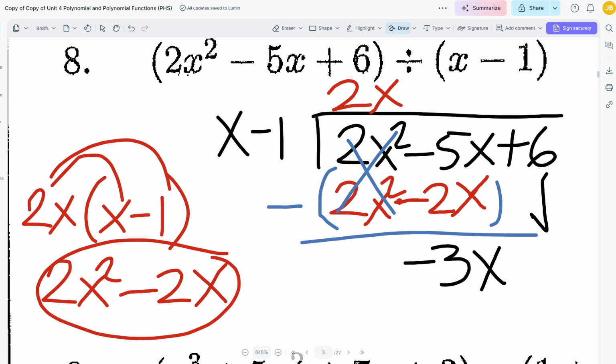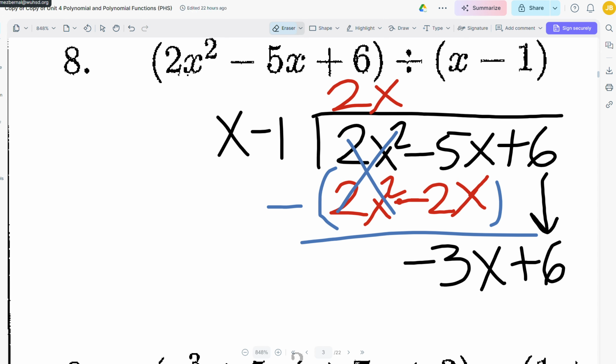Carry down your 6, so it's a positive 6. And now we repeat the process again. I now need to make this x into a negative 3x.